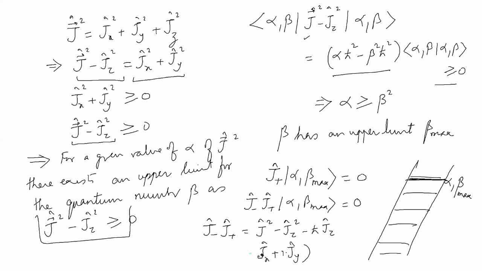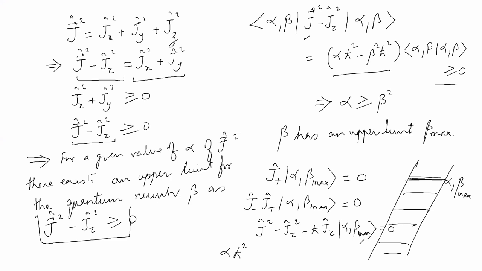Doing so, if we operate by J square minus Jz square minus h cross Jz on alpha beta max, J square when operating on this will give us what? Alpha h cross square.